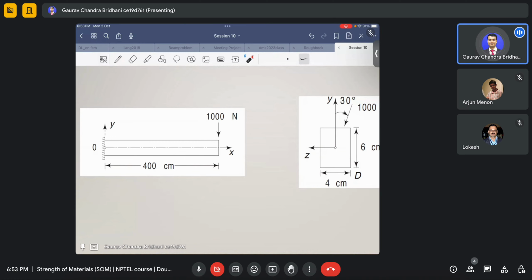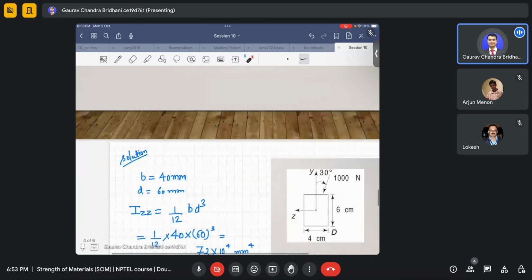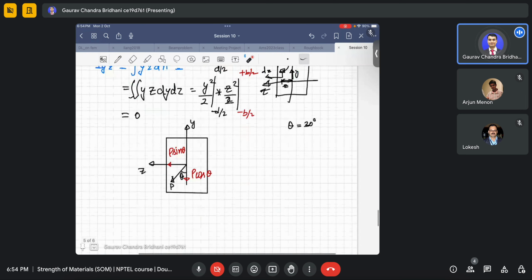I have to find the moment at this point, because whatever equation we use requires moment. Right now I have just found the force at the end. This is the end cross section.